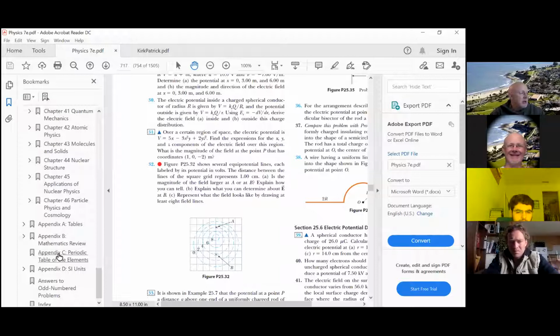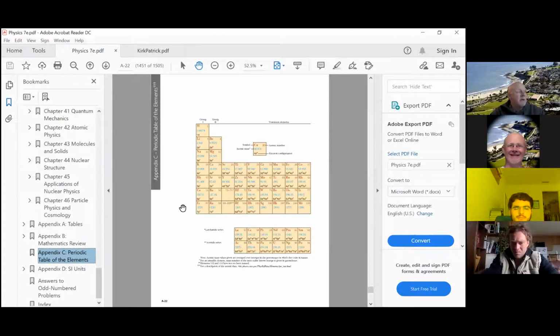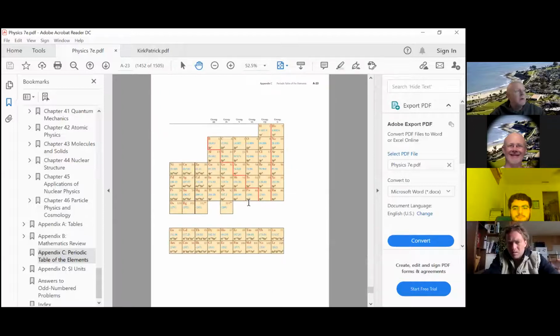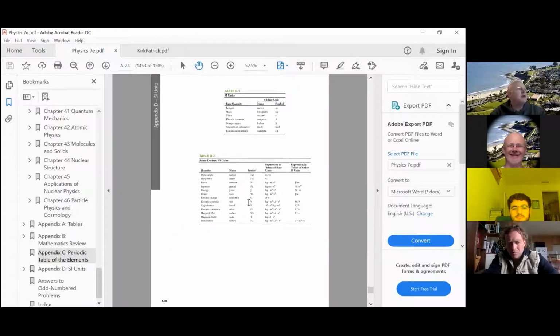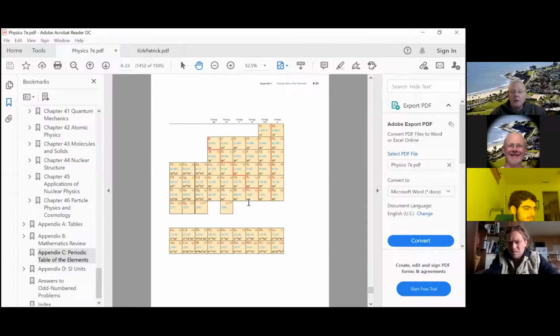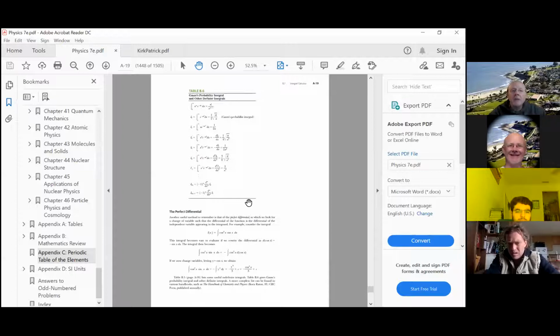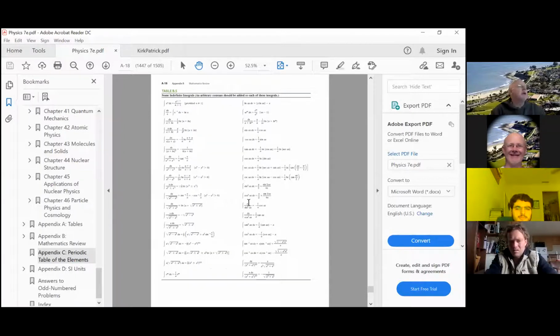I'm going to just click on Appendix C because if I go up a page, maybe another page, I think I'm going the wrong way. Here we go, Appendix B. This is the page I'm looking for.